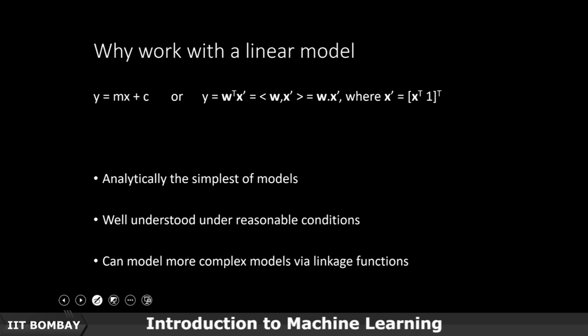Okay, so the linear form is quite simple. As you can imagine, it is as straightforward as the equation of a line, which is y equal to mx plus c. But we will not use this form. We will use w's to denote weights.